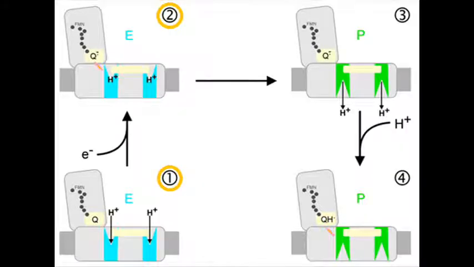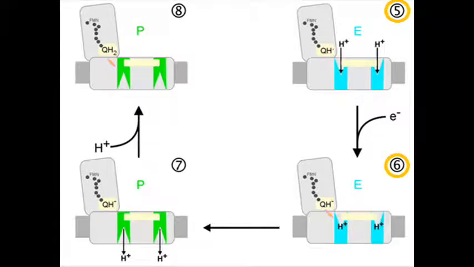At first, complex 1 exists in an E state in which the half channels of both the proximal and distal modules remain closed. Upon the first electron transfer, 2 protons enter the half channels of both modules from the mitochondrial matrix. Subsequent protonation of the anionic semiquinone species occurs in the P state, which causes long-range conformational changes to pump out the 2 protons.